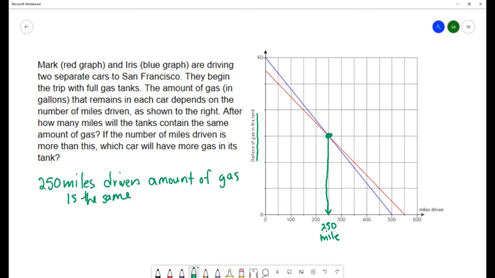Okay, so let's take a look at the second question. If the number of miles driven is more than this, which car will have more gas in its tank? So we're talking about the number of miles now. So this is on our X scale.